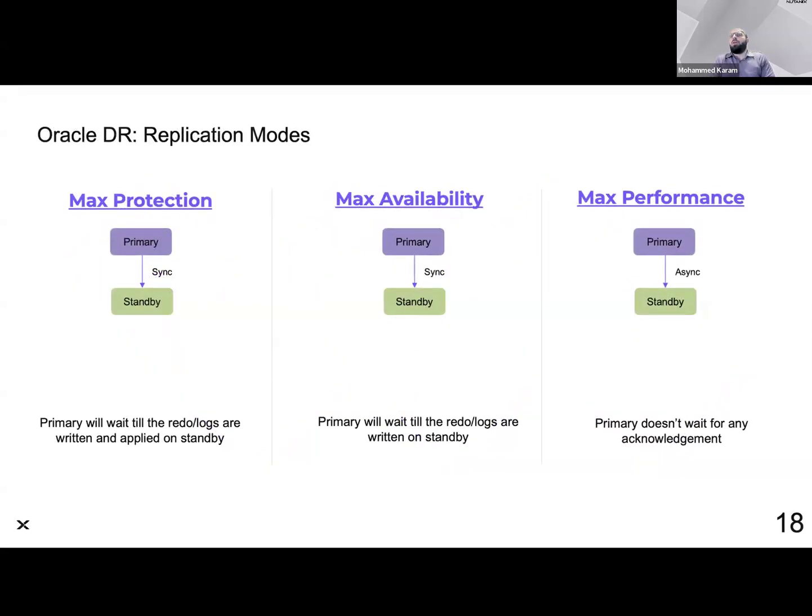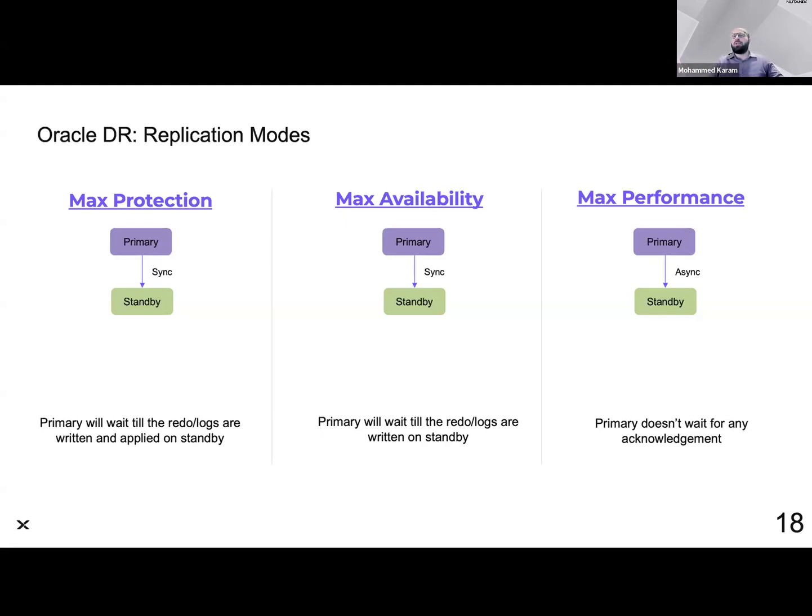Okay, so long-time DataGuard users will probably be familiar with this slide. Basically, there are multiple methods of replication supported within DataGuard, based on the type of synchronization that is established between the primary and the standby, not only in terms of the way the logs are transferred, but also in terms of how those logs are processed by the standby.